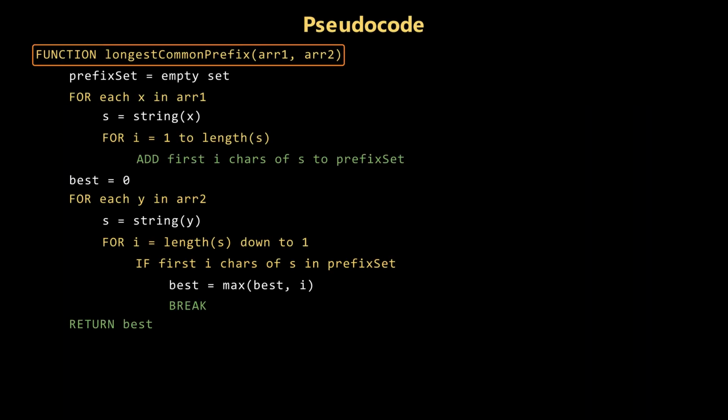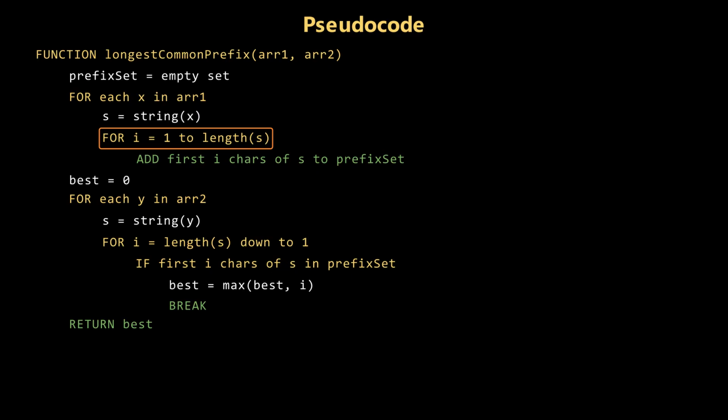Function, longest common prefix length over all pairs X in ARR1 and Y in ARR2. Start with an empty prefix set. Loop over every value X in ARR1. Convert X to its decimal string S. For each prefix length I from 1 through the length of S, add the first I characters of S to the set.